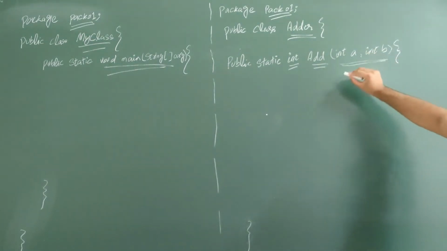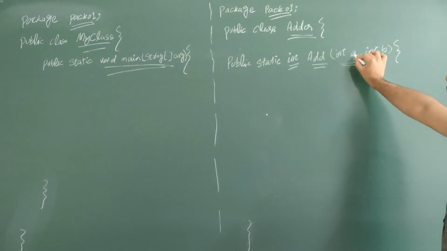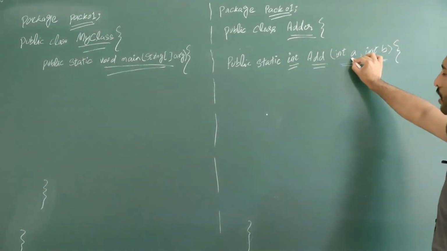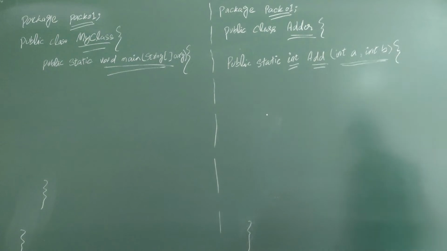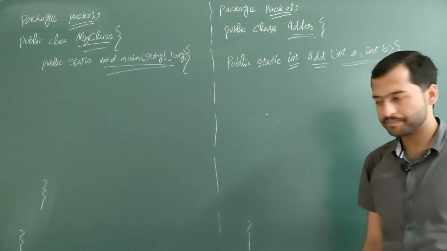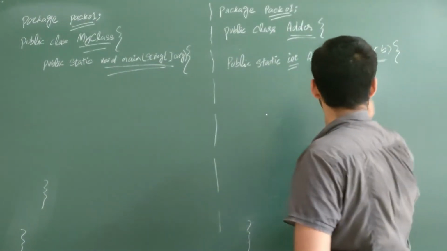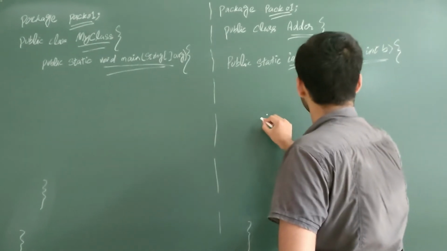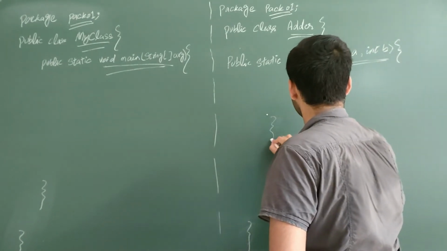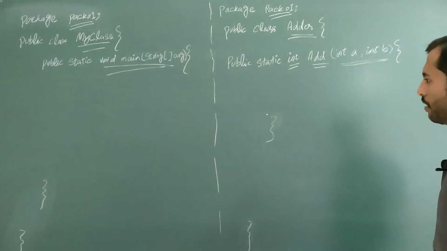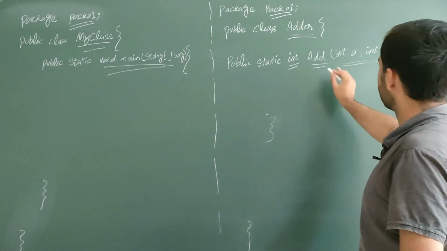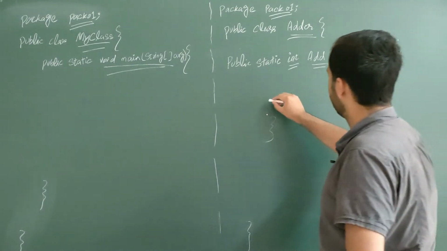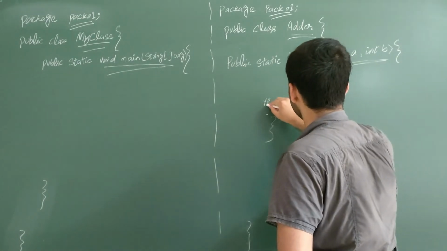There are two arguments, both of them integer. One variable is a and the other variable is b. Here I will close this one, so I am closing the method body. Within this one, now I will do the return.